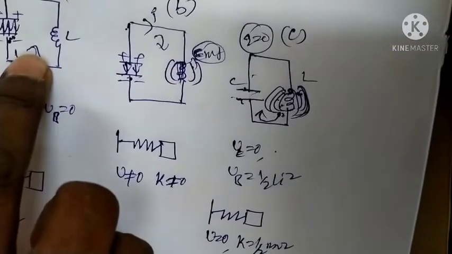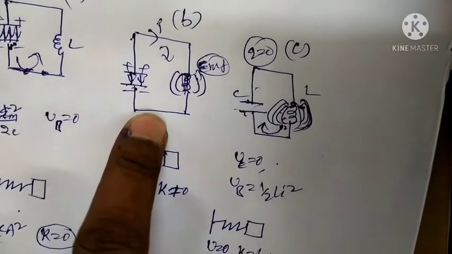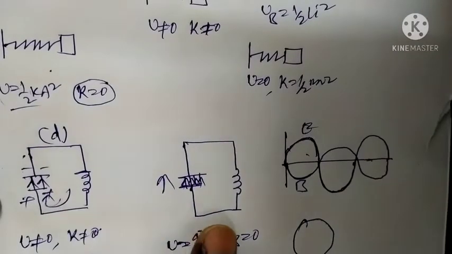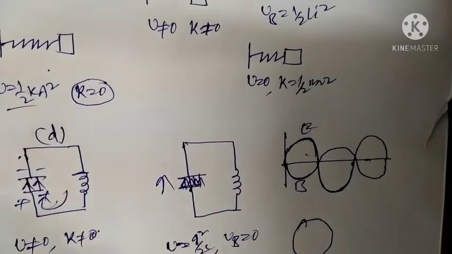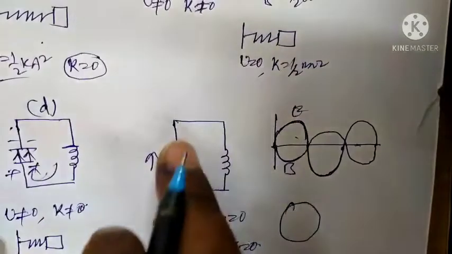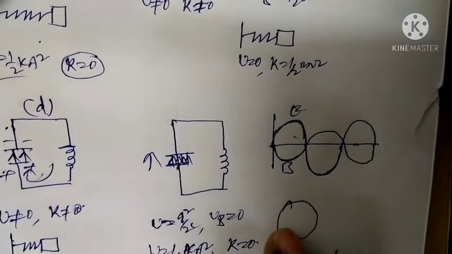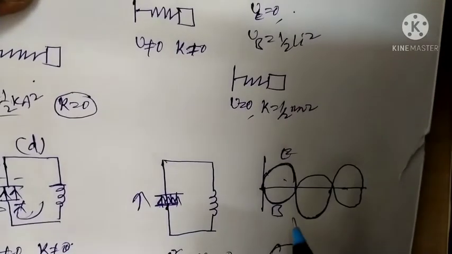That is the total circulation, T by 2. That means it can rotate 360 degrees. That is a wave nature.